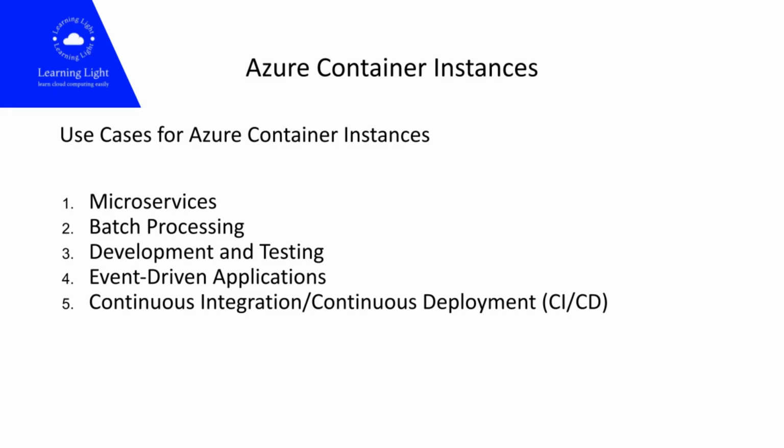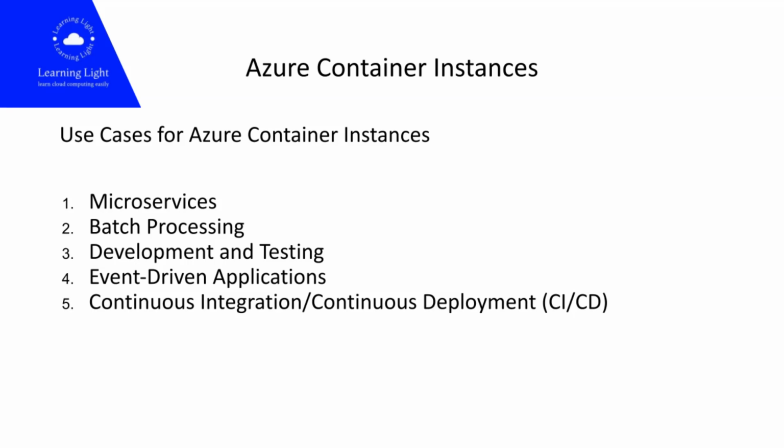Developers can use ACI to quickly spin up isolated environments for testing and development. This capability accelerates the development cycle by providing a consistent and reproducible environment. Also, ACI works well with event-driven architecture.